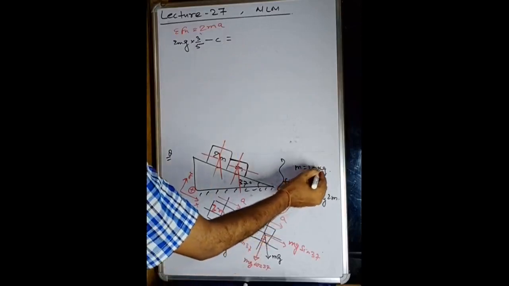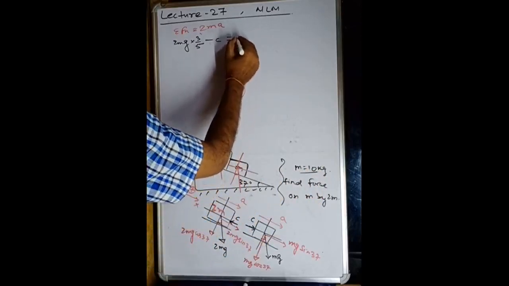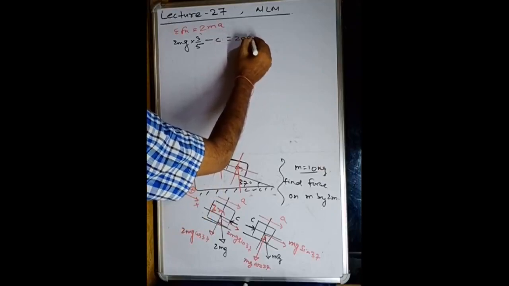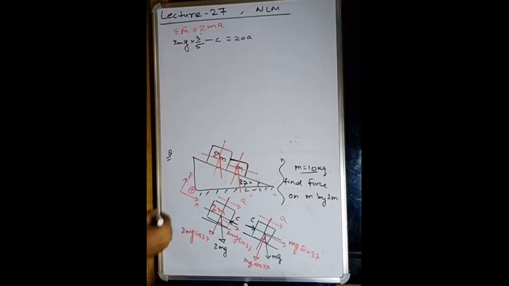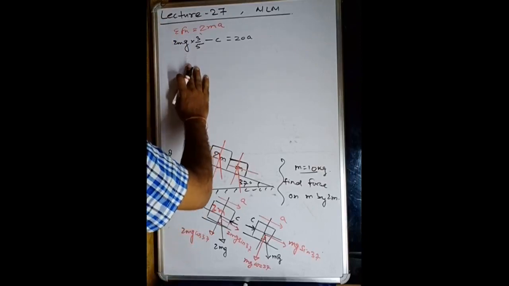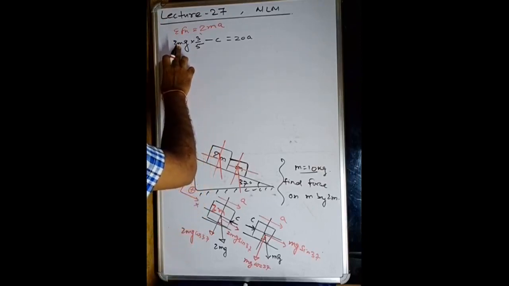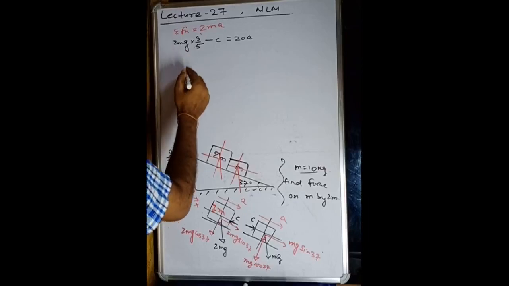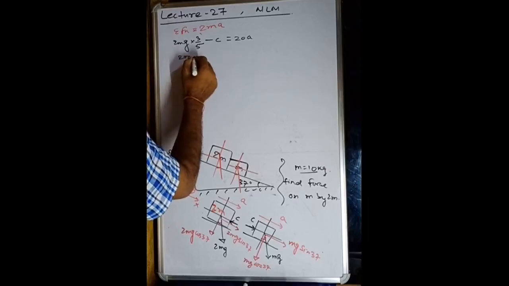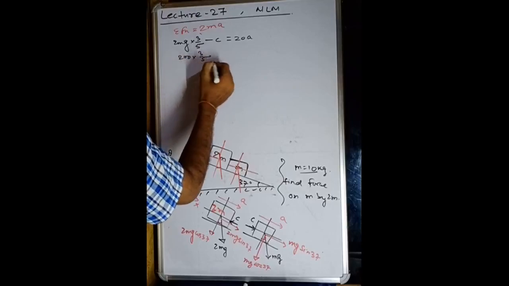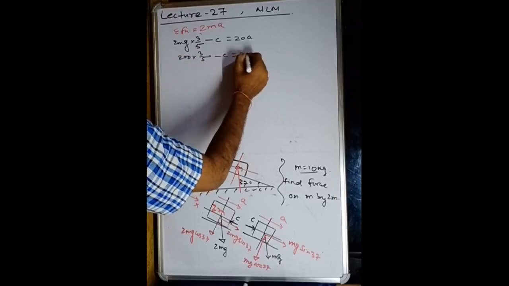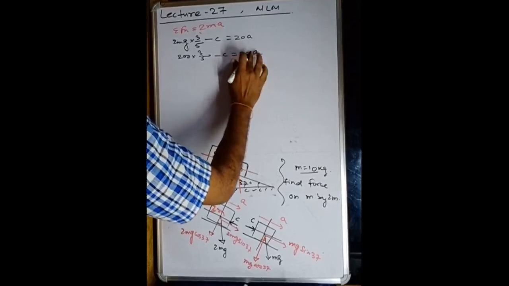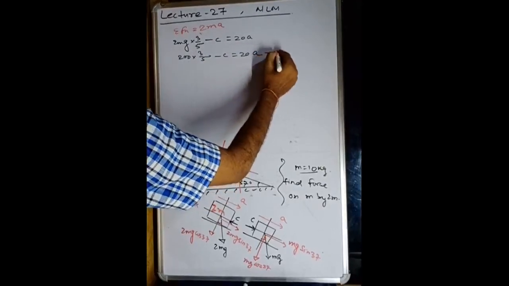The value of m is 10, so it is 20a. We can put the value of g to simplify the equation. It is m 10, g 10, so 200 into 3 by 5 minus C equals 20a. This is equation 1.